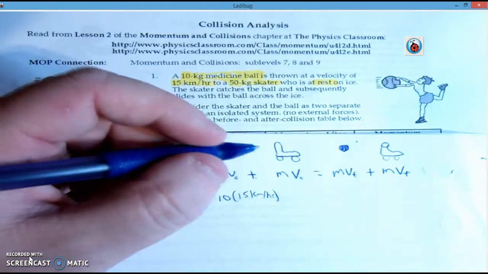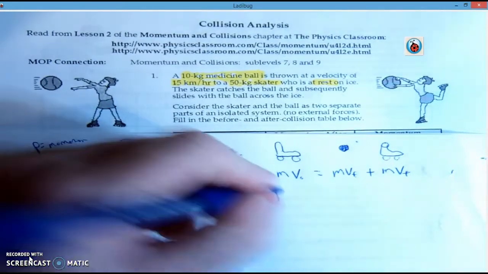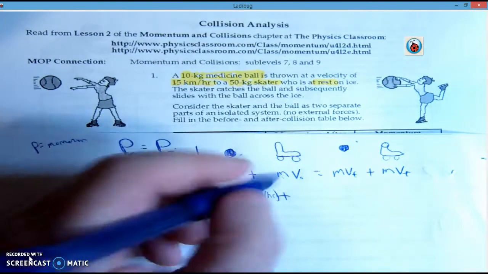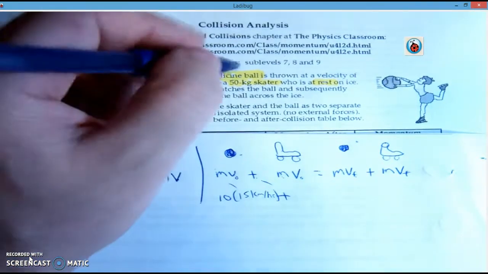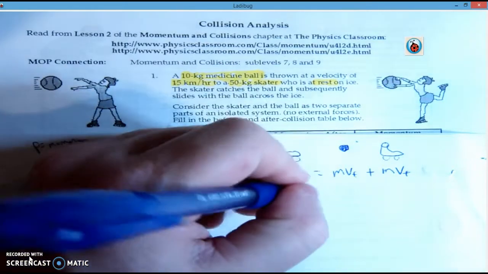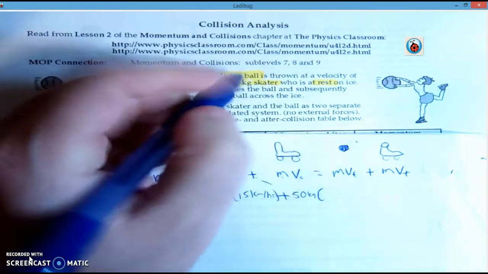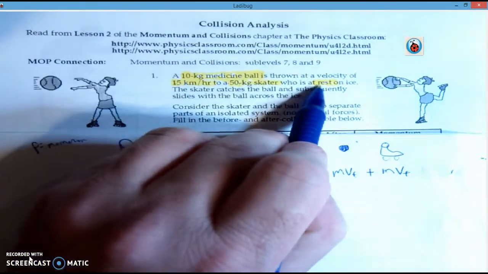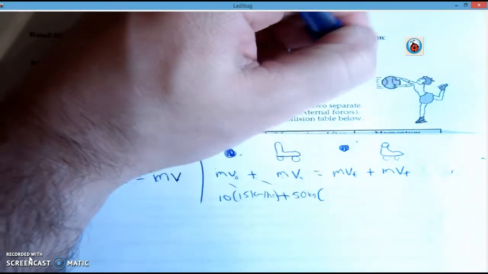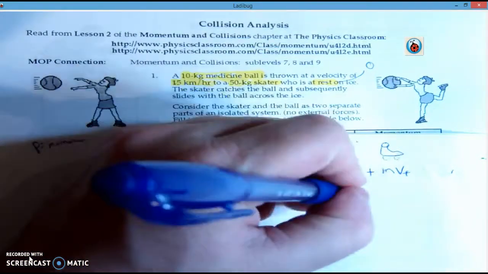Plus the skater's mass, 50 kilograms, times the skater's velocity. It doesn't say a number, but it does say they started at rest. So at rest means 0, so times 0. We already know what this is going to be.